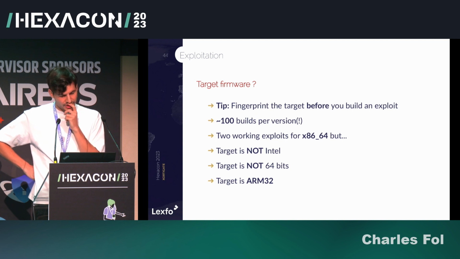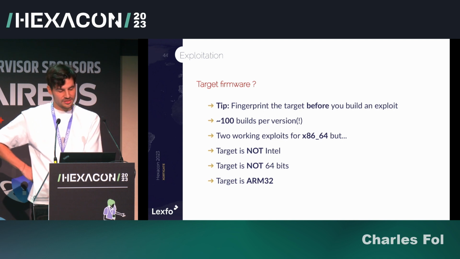And so my exploits were for Intel 64 bits, but the target was neither Intel, nor 64 bits. It was actually ARM32. And so, yeah, I'm actually stupid. That's the second time I've done this, but yeah.